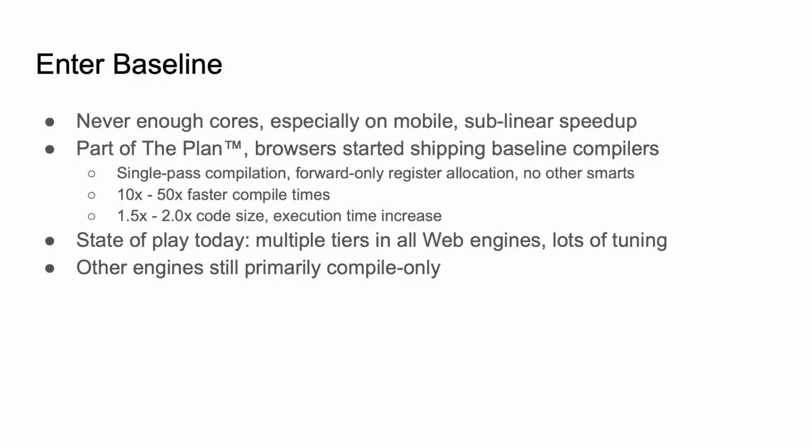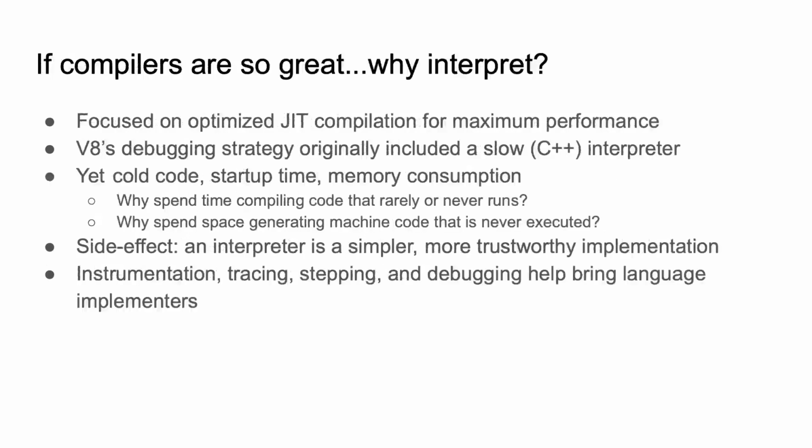There's a baseline compiler and an optimizing compiler at the minimum, and some of them actually have interpreters as well. Whereas engines off the web, things like Wasmtime, might be compile only. They don't have interpreters. They might compile offline and generate a static binary that you can load. But that's pretty much where it lies.